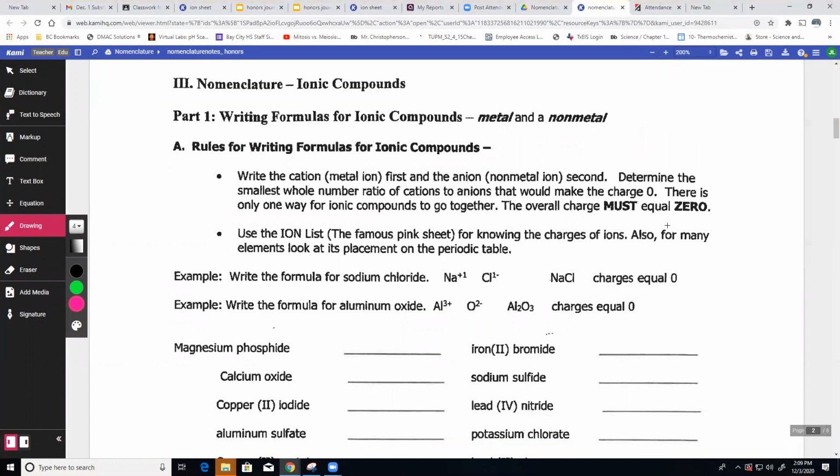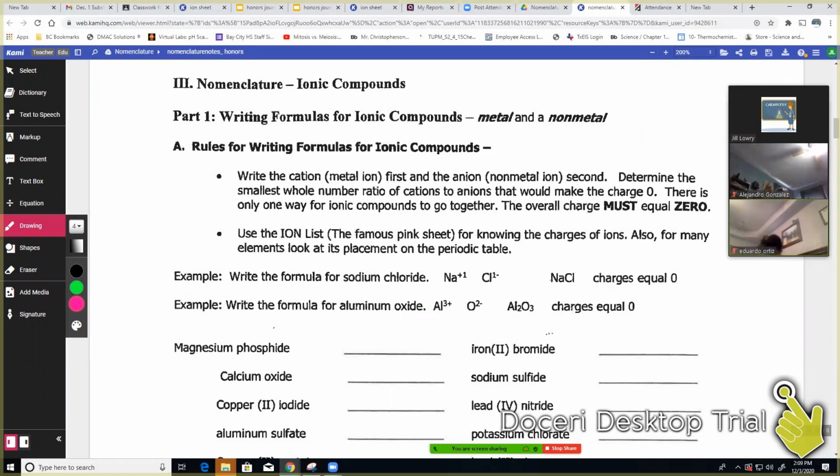All right, so the best way to do this is just to look at some. All right, so I have sodium chloride. Sodium is in group 1, so it has a +1 charge. Chloride has a -1 charge. And once again, y'all probably know that, but if not, you can look on your trusty ion sheet.